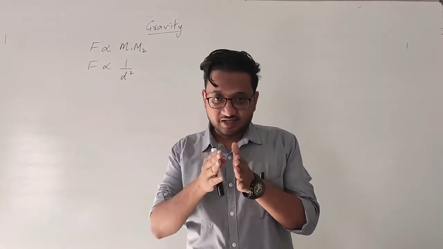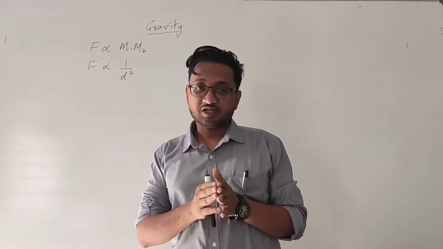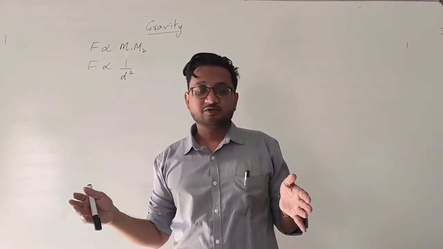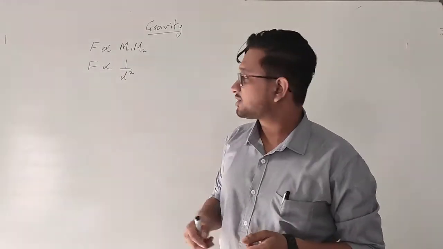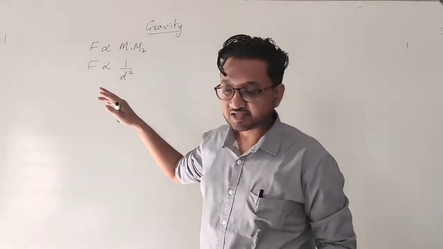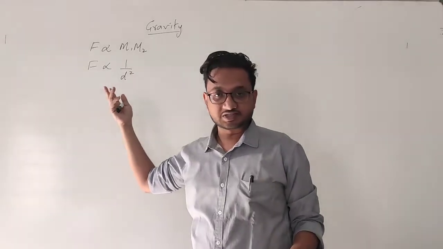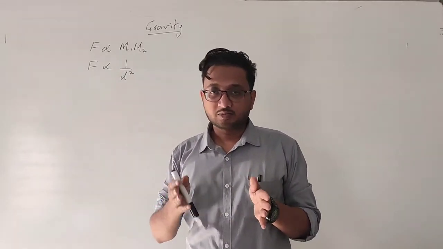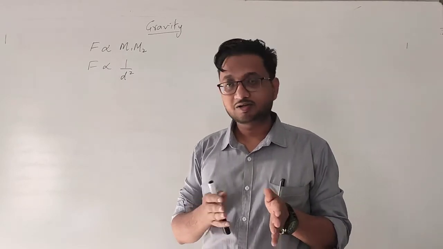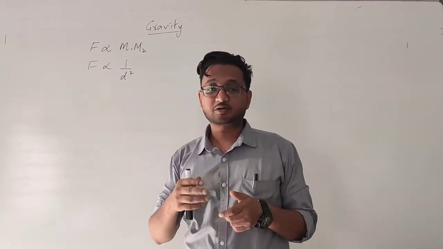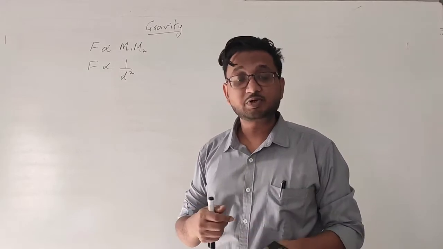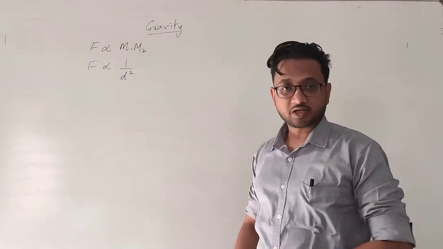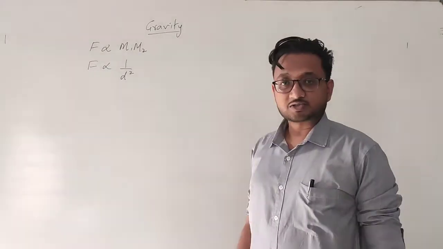If the distance is more, then the force is less. So if the two objects are very far away, then the force of gravitation will be very less, because we are not just taking the distance, we are taking the square of the distance. Okay. I hope it is clear to you, students.